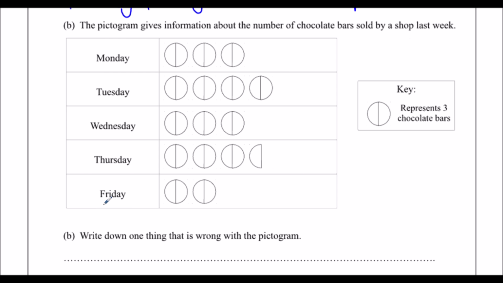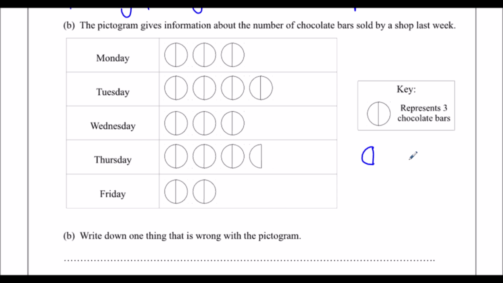Part B, the pictogram, gives information about the number of chocolate bars sold by a shop last week. So we've got a pictogram here, and we're told in the key that this full circle represents 3 chocolate bars. Write down something wrong with this pictogram. So, well, a whole circle is 3 chocolate bars.